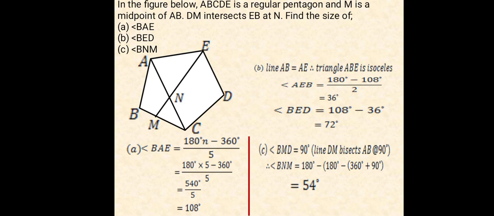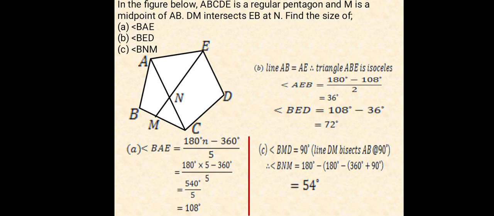Now let's find the angle BAE. Angle BAE is equal to 180 degrees n minus 360 degrees, divided by 5. This is because the angle BAE is one of the interior angles of a regular pentagon, and the interior angles of a regular pentagon add up to a sum given by the formula 180 degrees n minus 360.